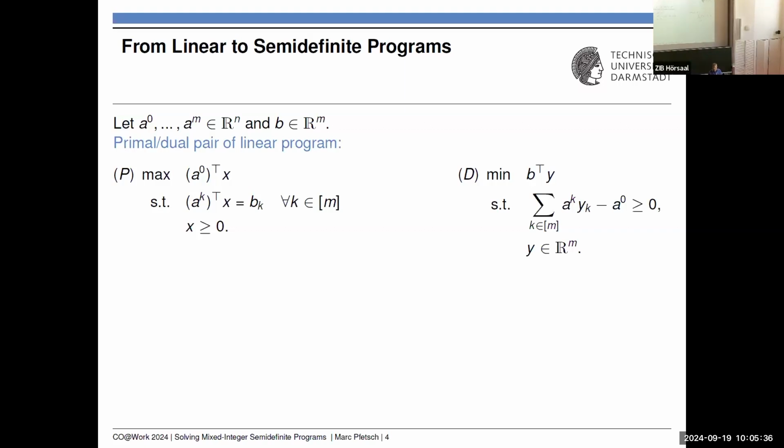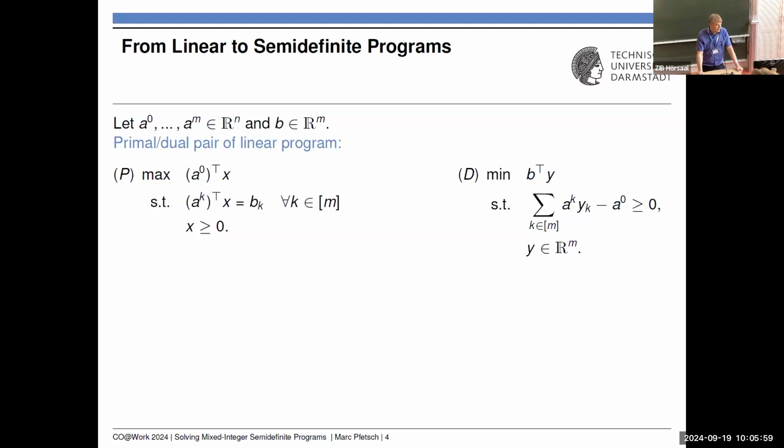The objective is to maximize a linear objective, as usual in linear optimization. Then we have m equality constraints, which I've split up. You are probably used to the matrix form. If you write these vectors a1 up to am in a matrix as rows, then this is the same as I've written here. And then x should be non-negative. So the primal on the left is just the standard form of linear programming. The dual is on the right.